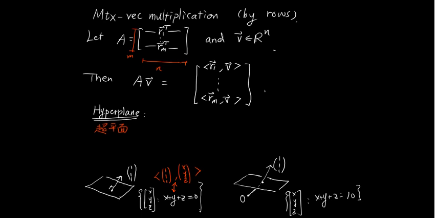Just an example, but the point is there is some number here instead of 0. If it is 0, the plane passes through the origin. This number, let me call it b, determines how far the plane is from the origin.